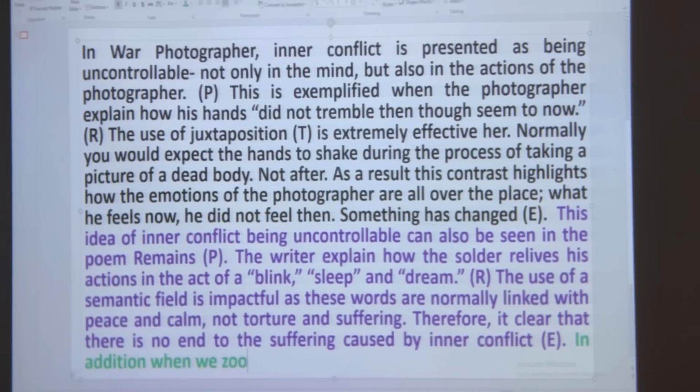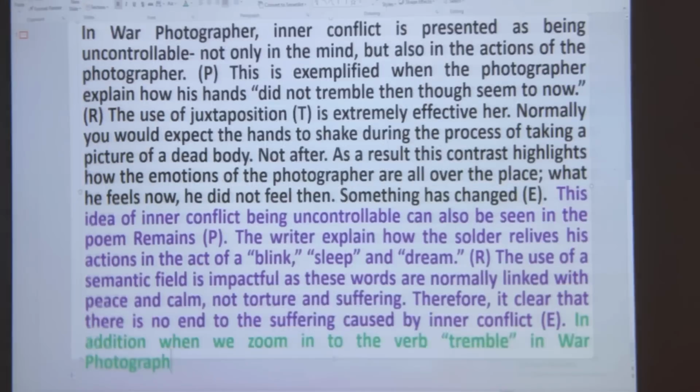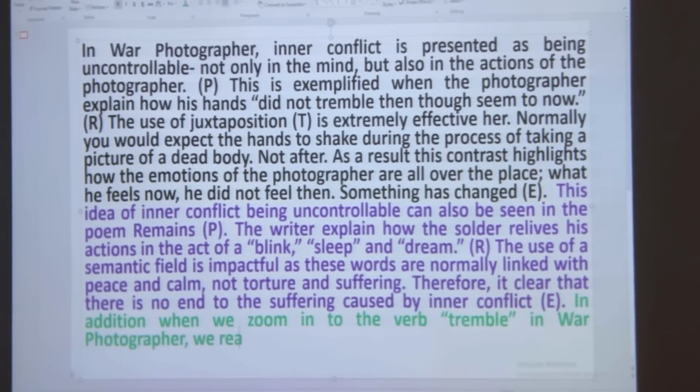In addition, when we zoom in to the verb tremble in War Photographer, we realize how there is immense fear being created.